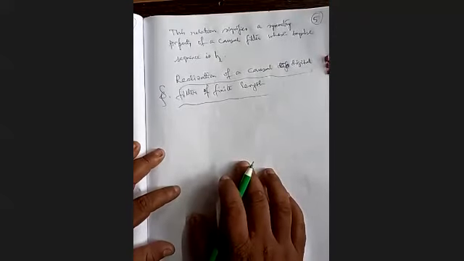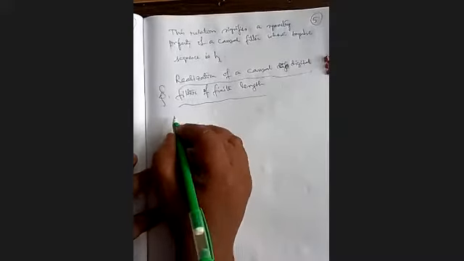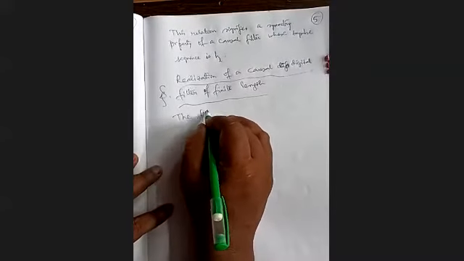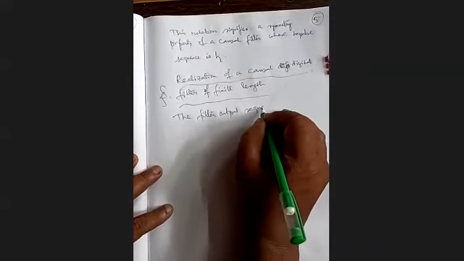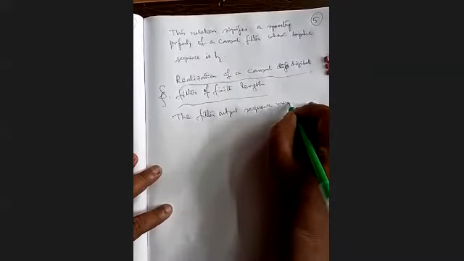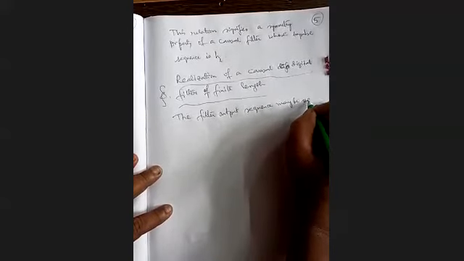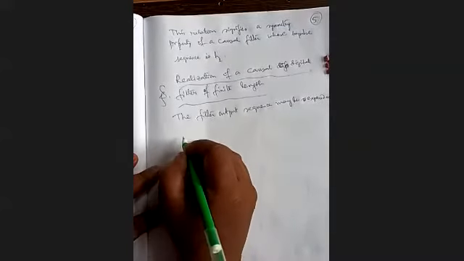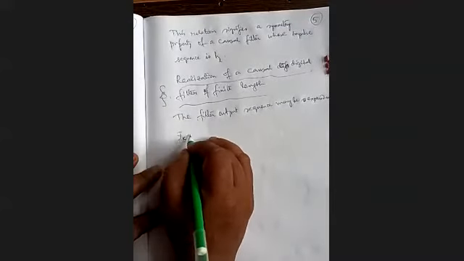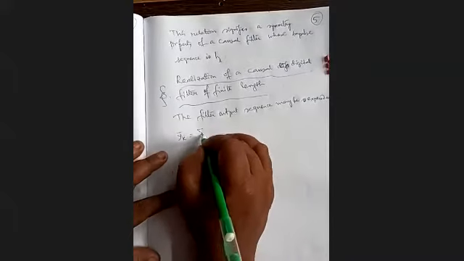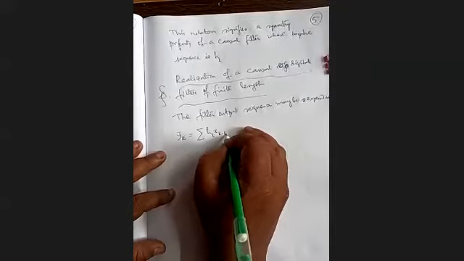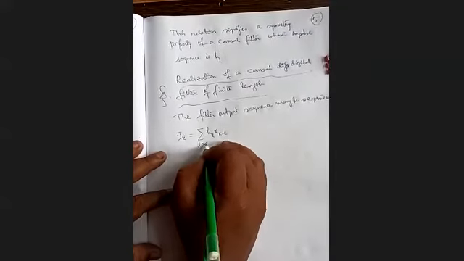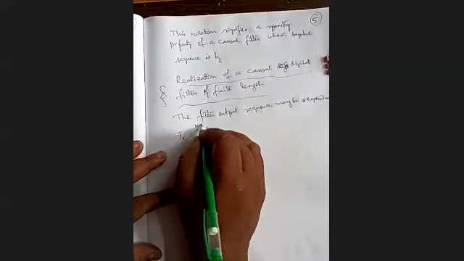So what is the filter output? The filter output sequence may be expressed as yk bar equal to HL x k minus L, L equal to 0 to m minus 1.